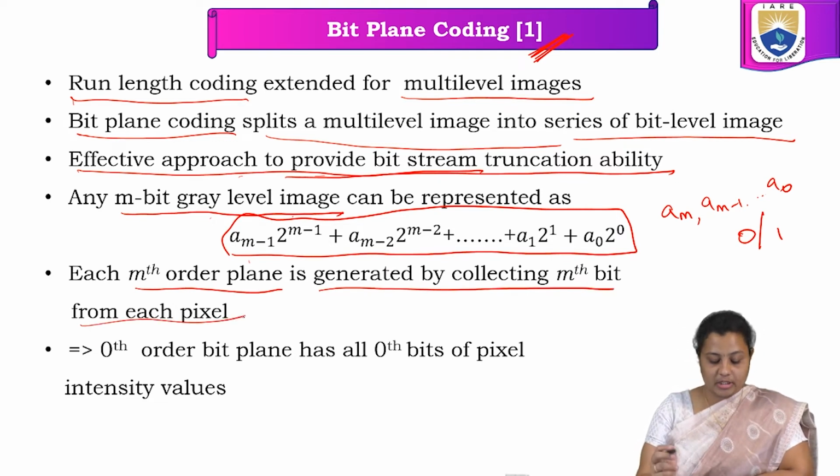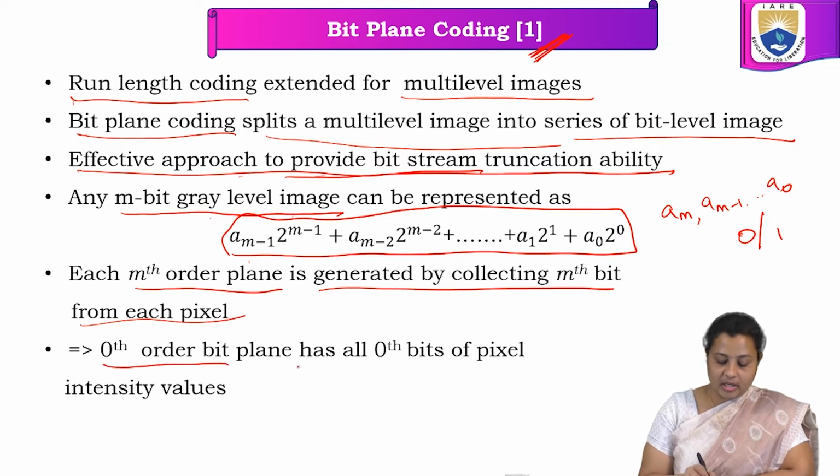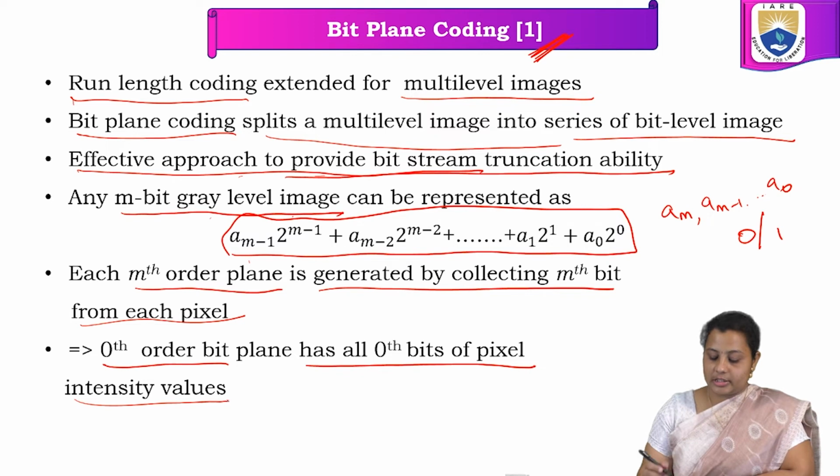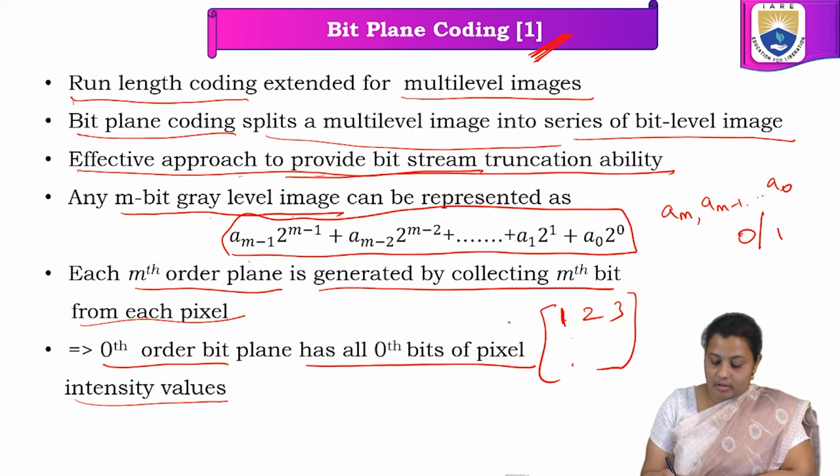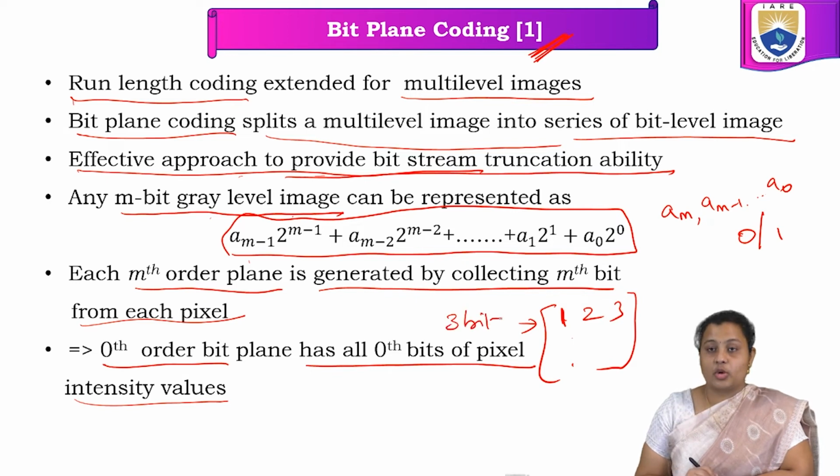So the 0th order plane has all the 0th bits of the intensity values. If I have say 1, 2, 3 and so on, and the image is represented by 3 bits, I write 1 as 0, 0, 1, 2 as 0, 1, 0, and 3 as 0, 1, 1.